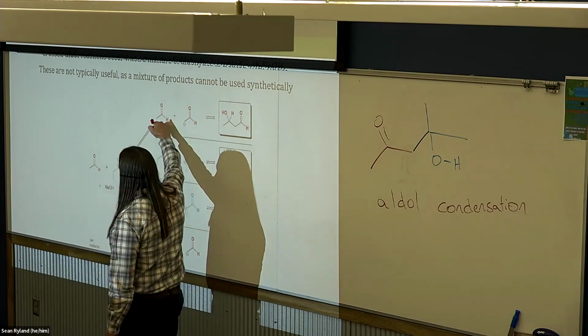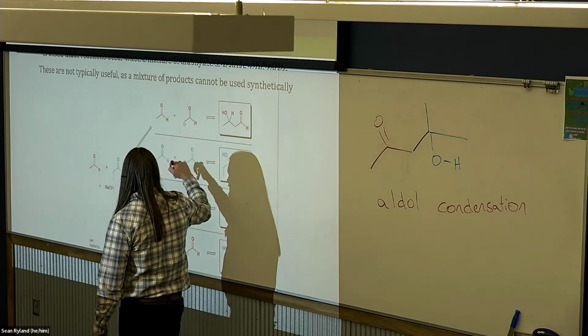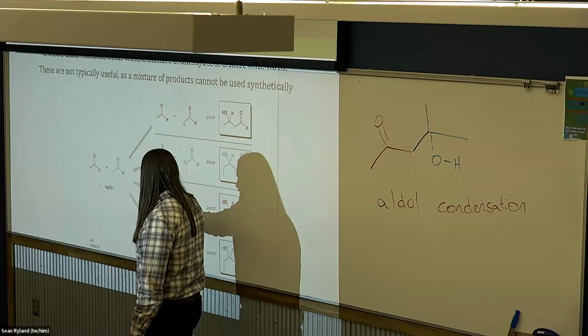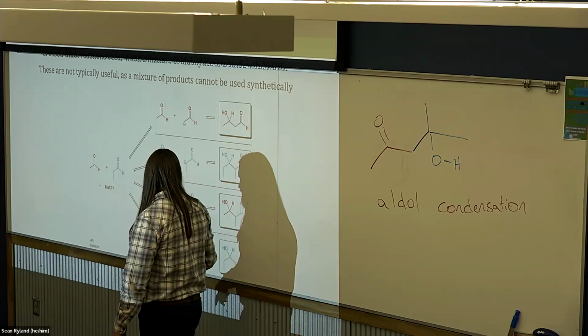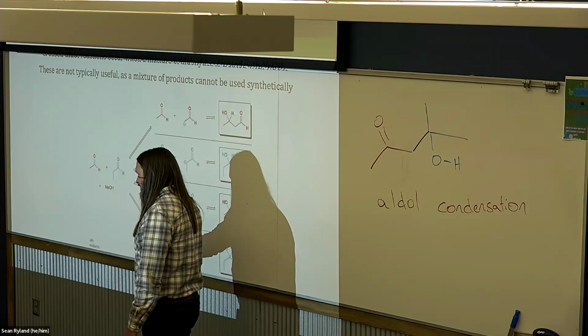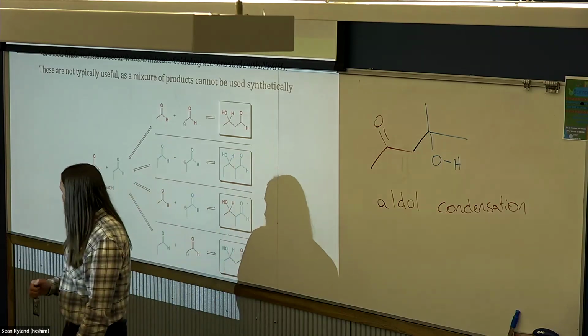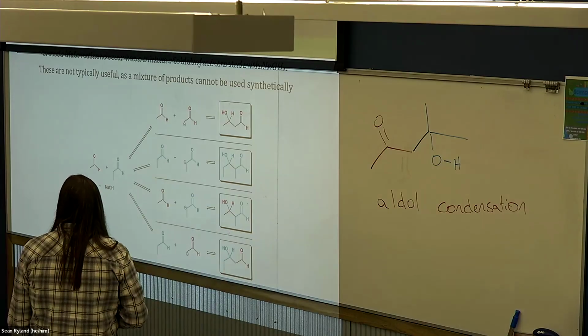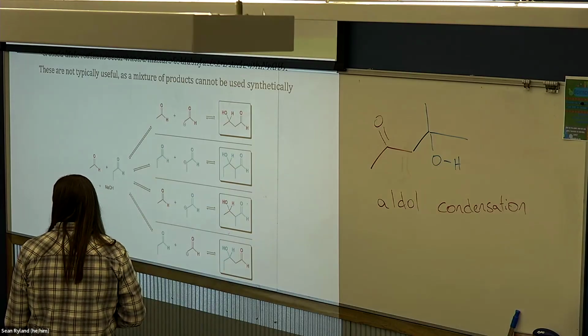Because we'll get the red condensing with the red, the blue condensing with the blue, the blue enolate reacting with the red carbonyl, or the red enolate reacting with the blue carbonyl. All similar products, but all distinct products from each other.